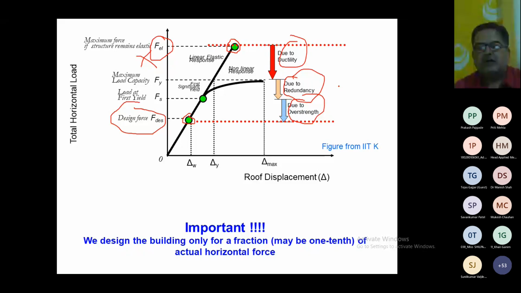Overstrength means what? I'm giving you a very simple example. For example, we use concrete. Suppose we use M25 concrete on site. Now this M25 concrete is supposed to be designed in the laboratory, right? So when it comes to the mix design in the laboratory, we are not designing for 25.